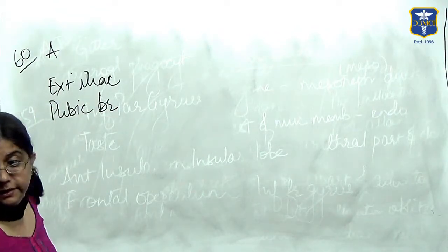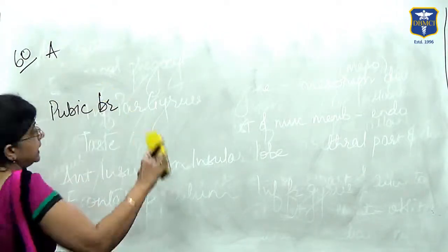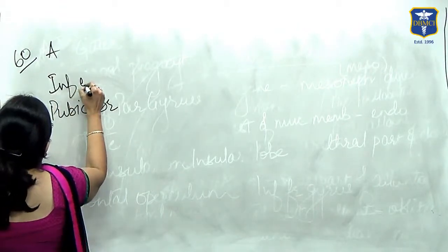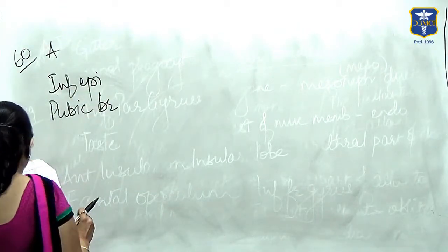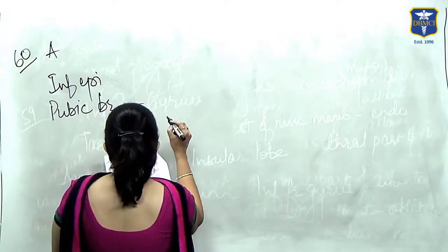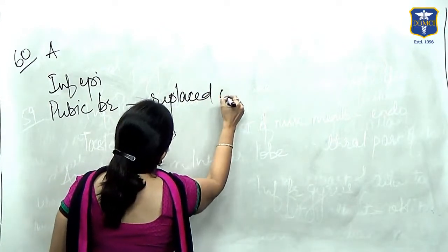The inferior epigastric artery, which is a branch of external iliac, gives a pubic branch which sometimes takes place of obturator artery when we call it replaced obturator artery.